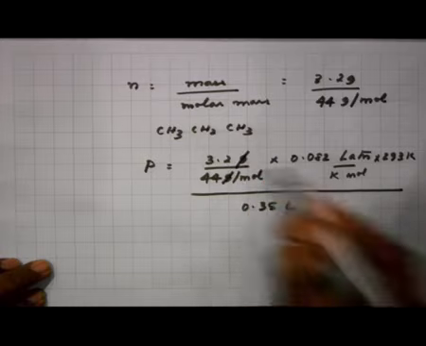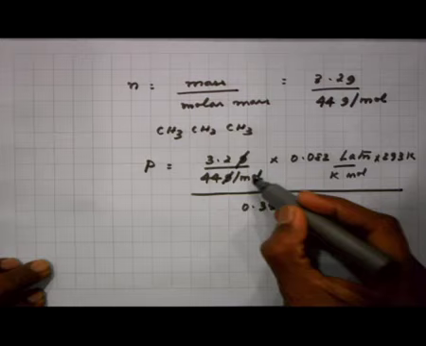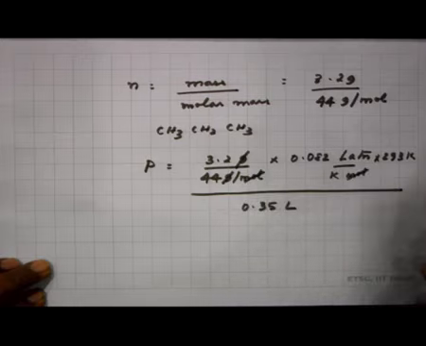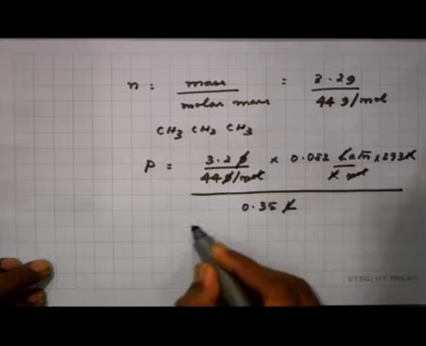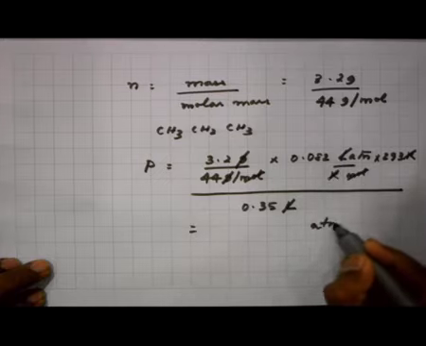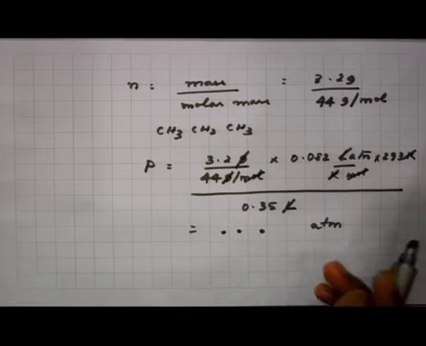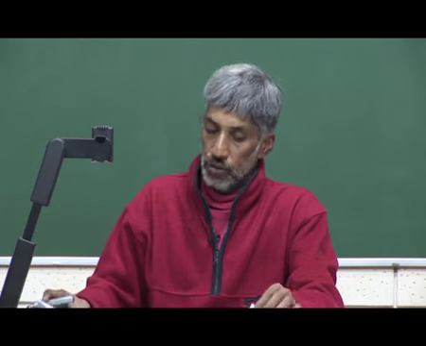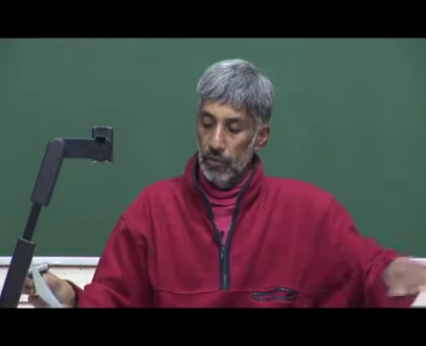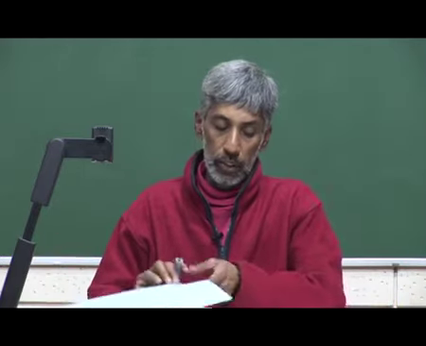So, this goes, this goes, and this goes, and that should give you your result for the pressure in atmospheres. So, that is a straightforward implementation of the ideal gas equation of state.